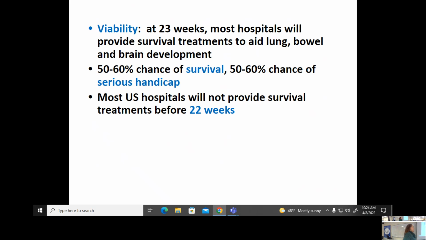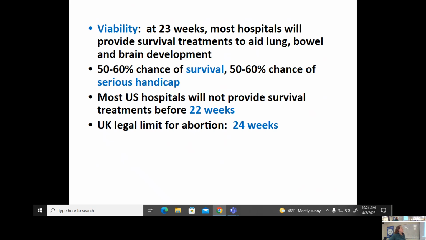Most US hospitals, if the birth is before 22 weeks, will call the chaplain, not the emergency NICU team. They'll call the chaplain, and that would be considered stillbirth. There's a certain cutoff point between miscarriage and stillbirth, but once you get past that point, 23, 22 weeks, there's a good chance, much better chances for survival if they're born too early.